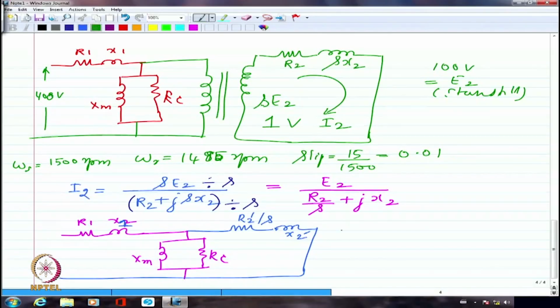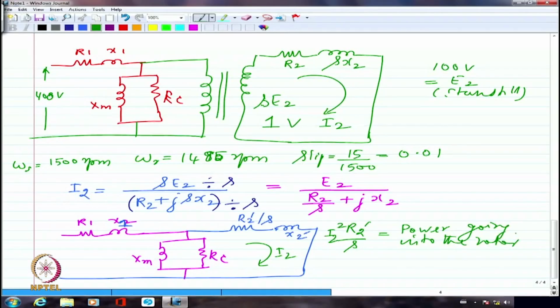Okay? This is R2 dash by S, right? Multiplied by I2 square. This is what is the power going into the rotor. This is the power that is going into the rotor per phase.